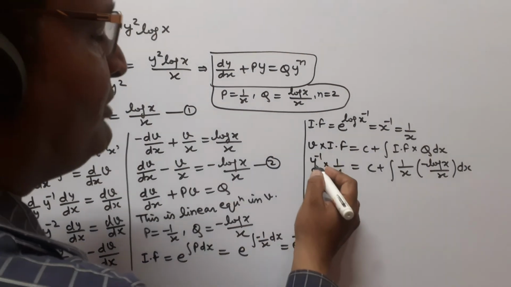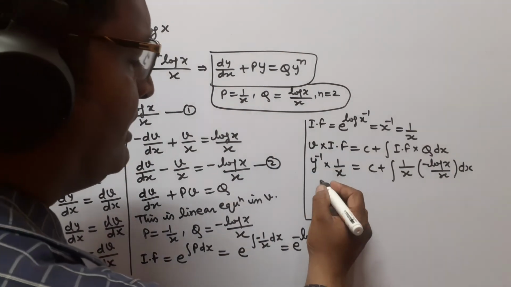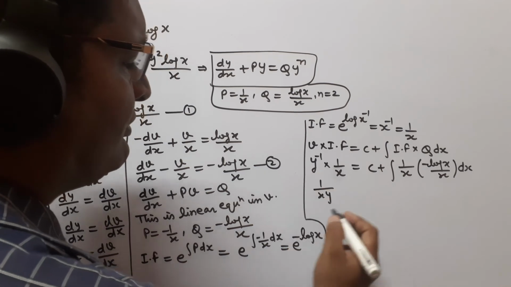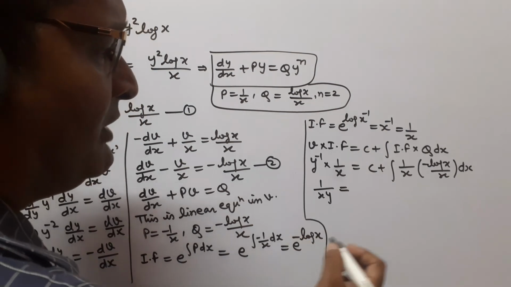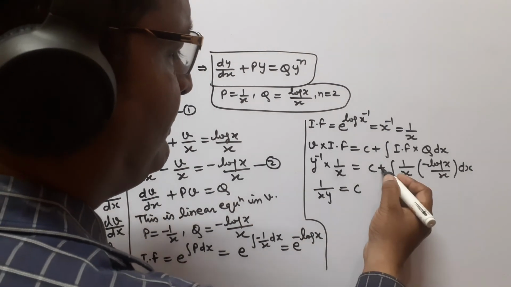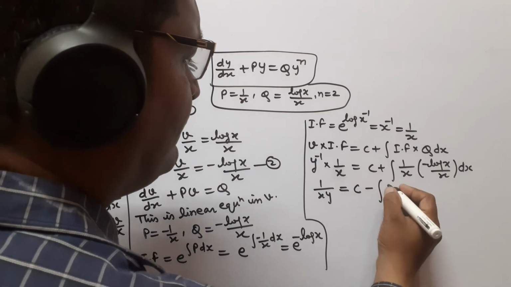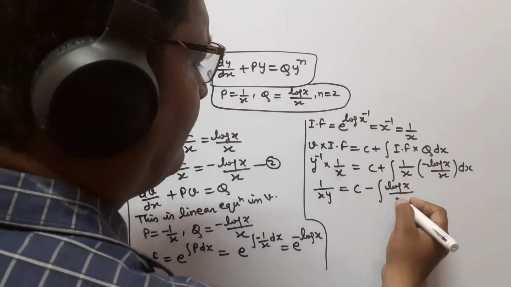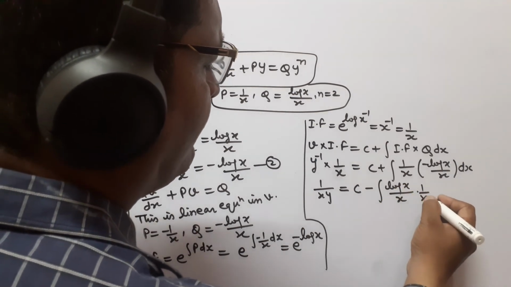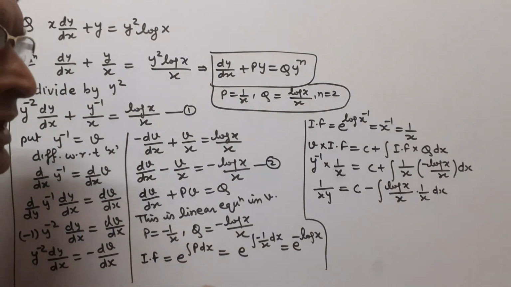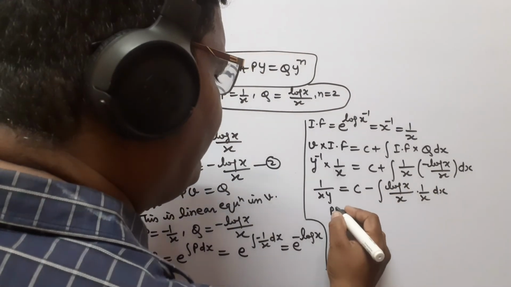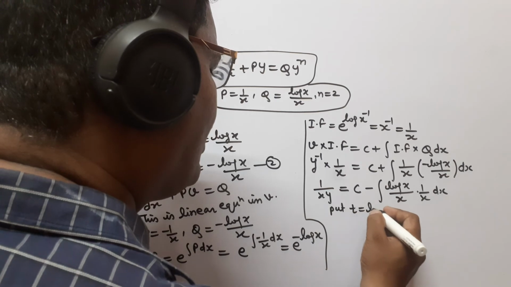Now this y to the power minus 1 goes to the denominator, it becomes 1 upon y, equal to c, and plus and minus, this is minus, integration of log x upon x multiplied by 1 upon x.